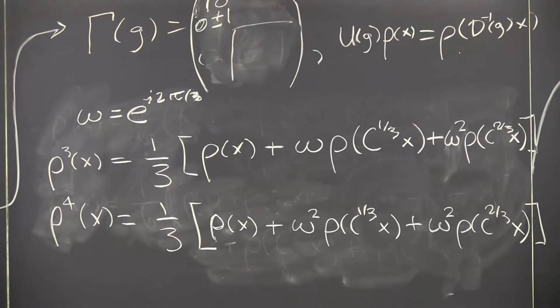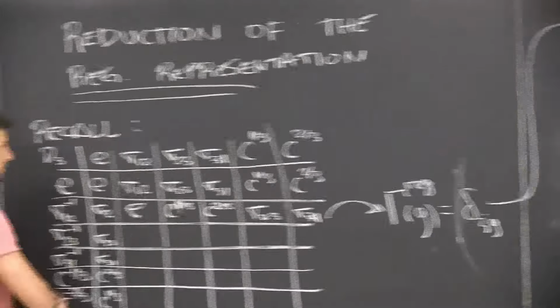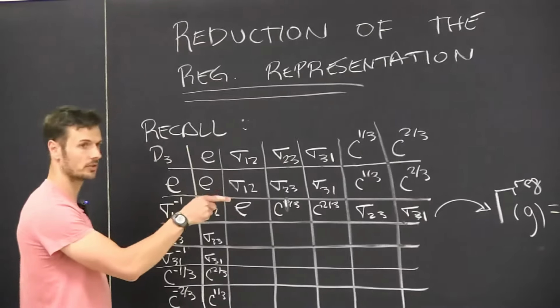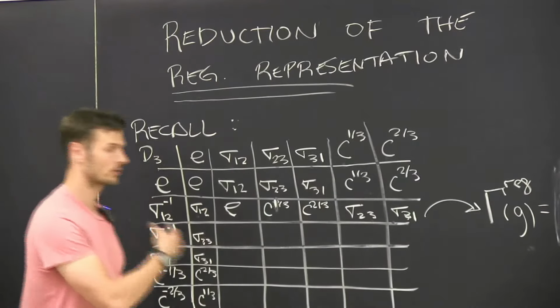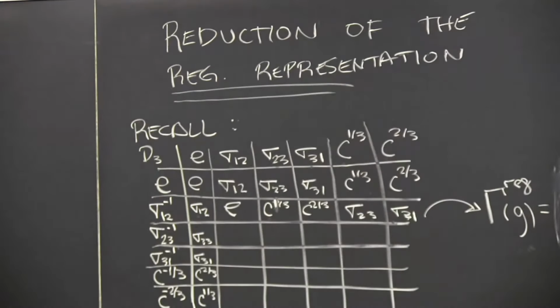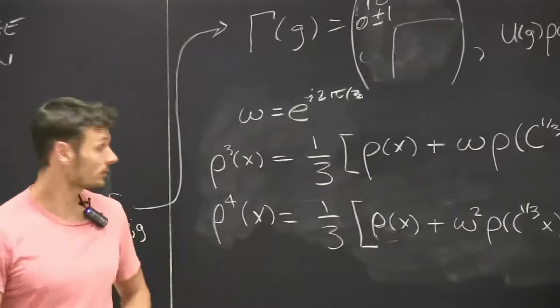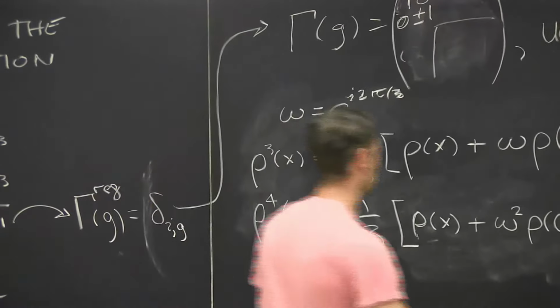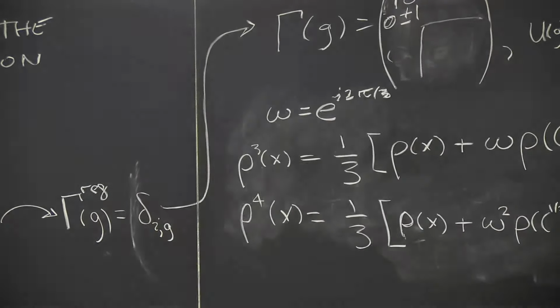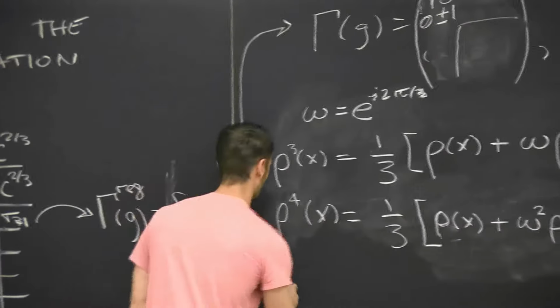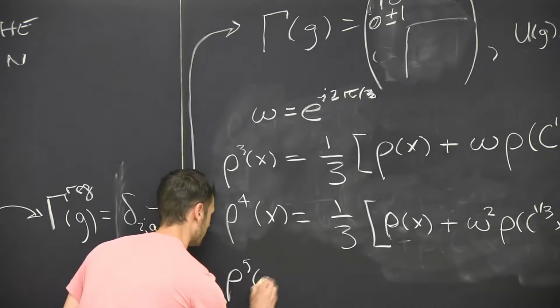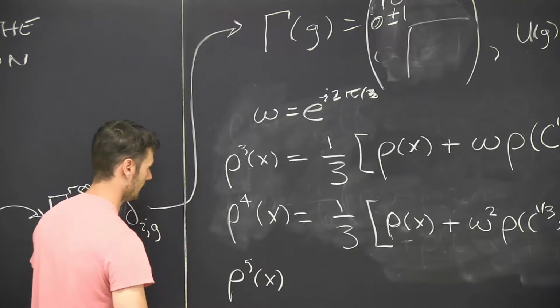However, if I operate on it with permutations, it's going to take me out of the subspace. So I can write down two more functions that will give me a subspace that's invariant under all the operations. I'll write down one here. I'll call this rho 5.